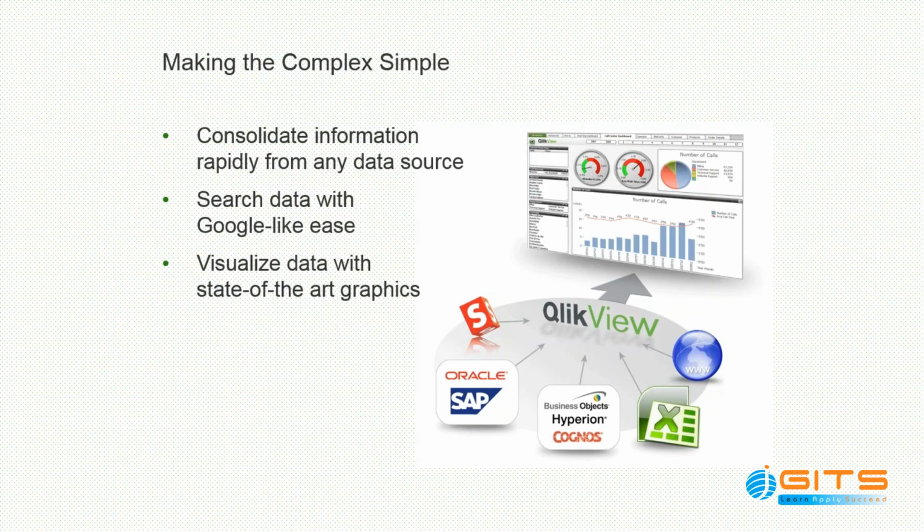And last but not least, it can also help us visualize data with the best, state-of-the-art graphics. It can connect to Salesforce data sources, Oracle, SAP data sources, Business Objects, Hyperion, Cognos, Excel sheets, or even pull data directly from a web page and show us a unified view in one single place.